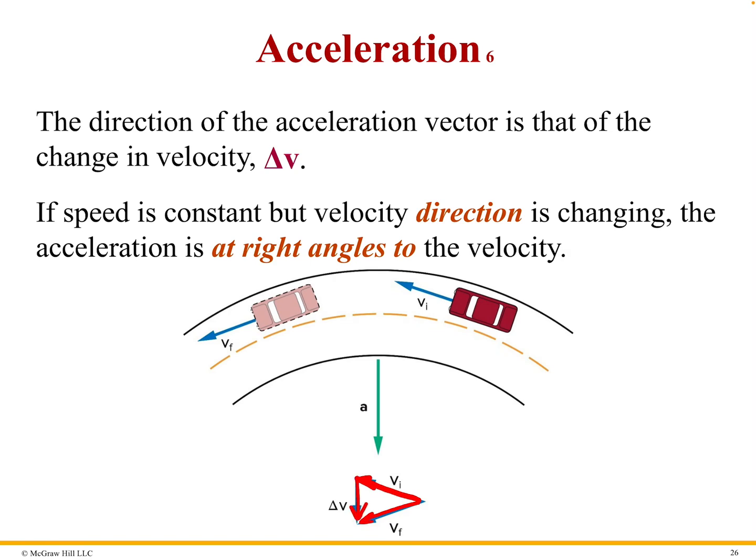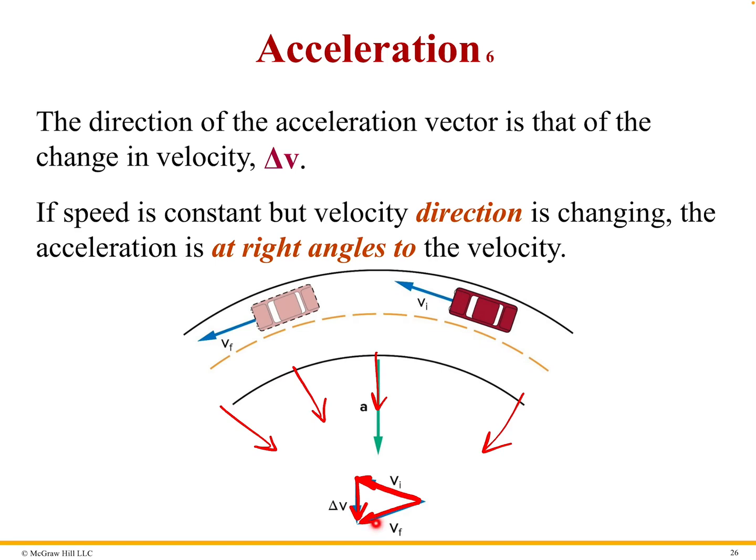So the change in that is going to be pointing straight down. Whenever you're going in a circle like this, your acceleration is always going to point towards the center of the circle. We get into that when we talk about centripetal acceleration, but that change of velocity is always going to point towards the center.